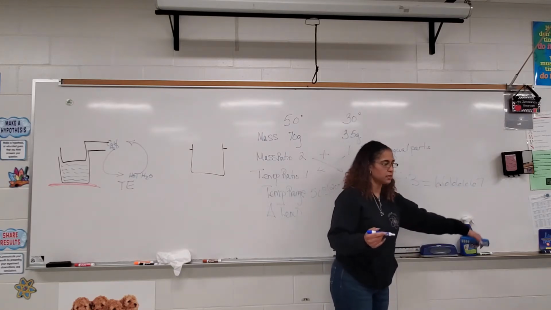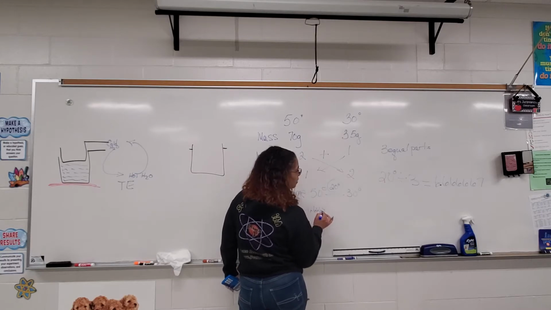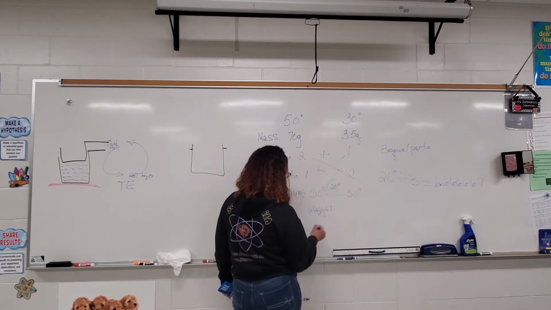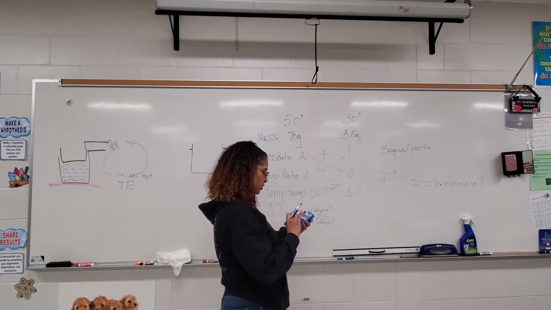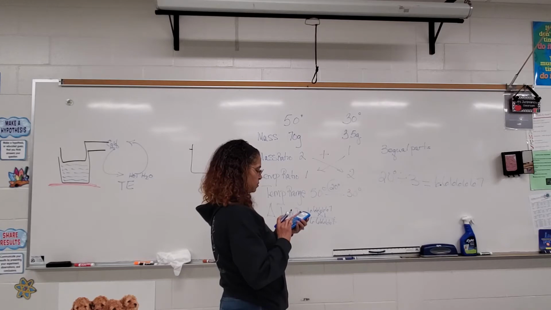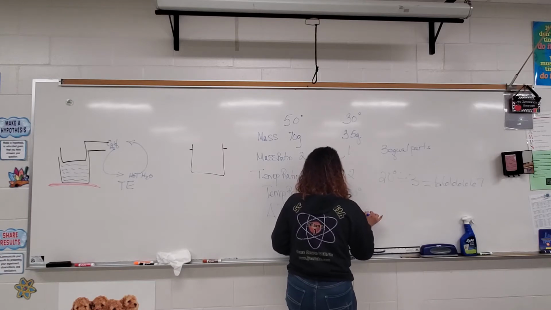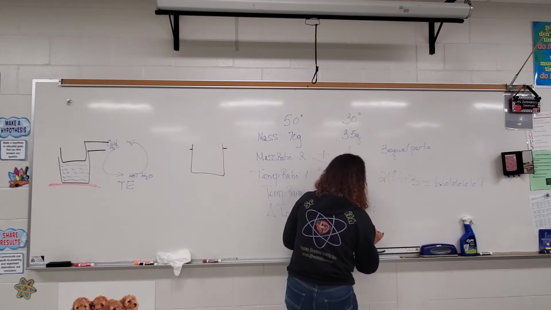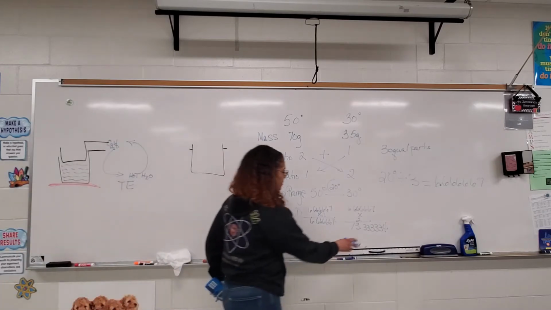So 6.666667 times 1 is equal to 6.66667, and 6.66667 times 2 is equal to 13.333334.